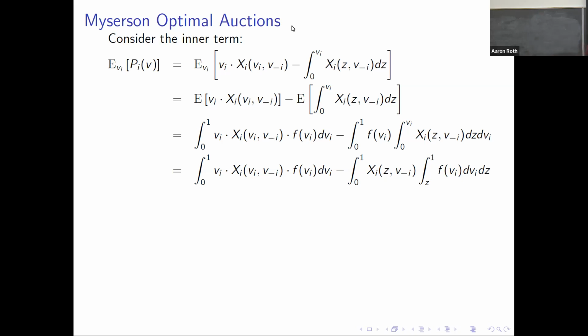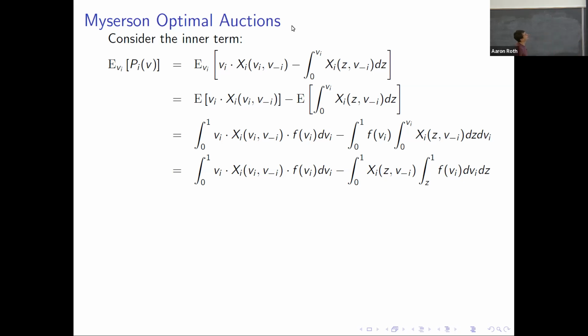How many times do I encounter the term xi of z v minus I multiplied by f of vi? Let's just pick a value: VI is 1/2. How many times do I encounter the term xi of 1/2 v minus I?